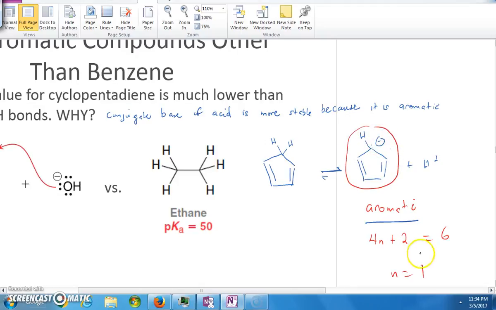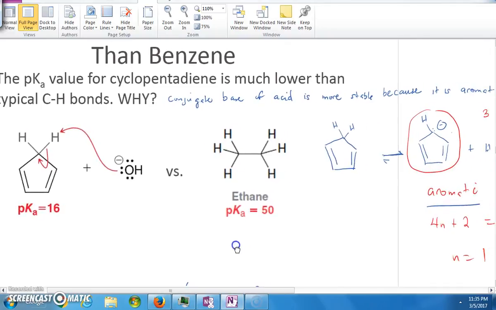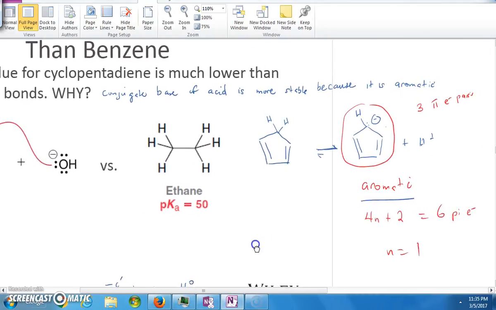As you can see here, it has 6 pi electrons, n equals 1, and it has 3 pi electron pairs, and as a result it is considered to be aromatic. That gives exceptional stability.